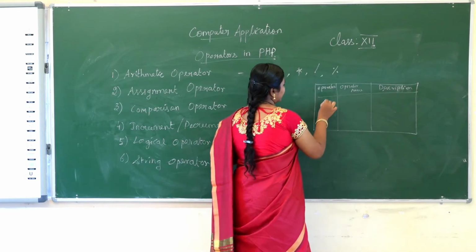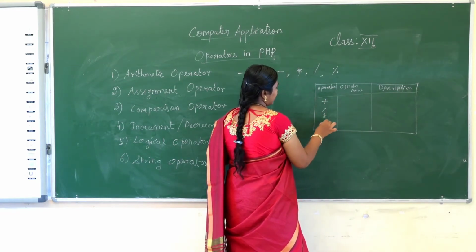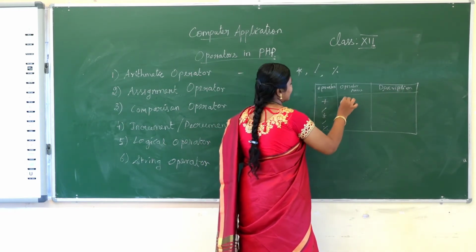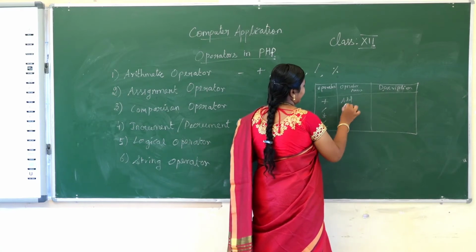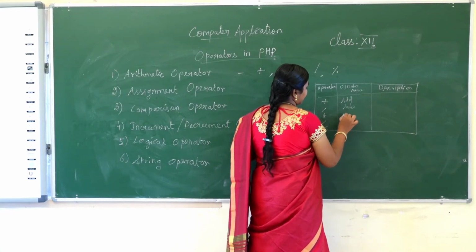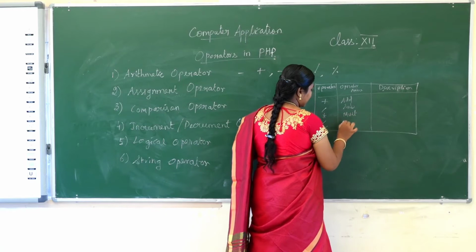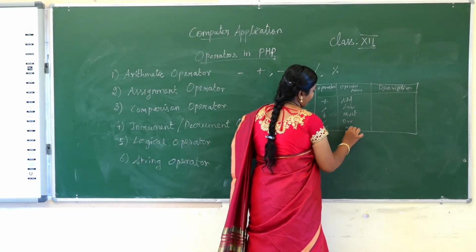It will be given as plus, minus, star, slash and modulo. Plus is for addition, minus is for subtraction, star is for multiplication, slash is for division and percentage is for modulo.